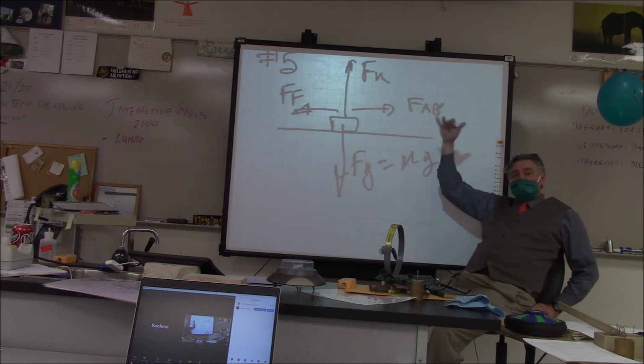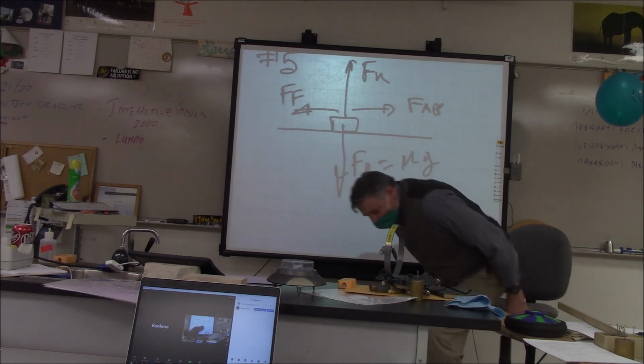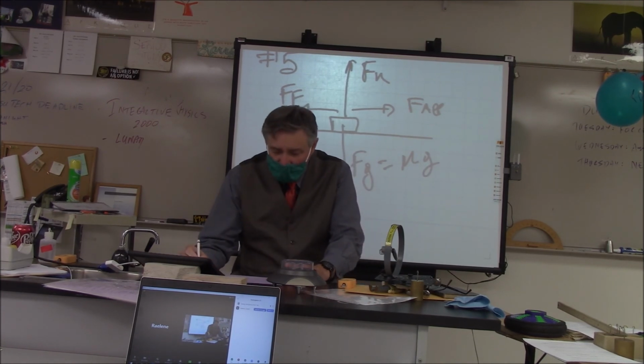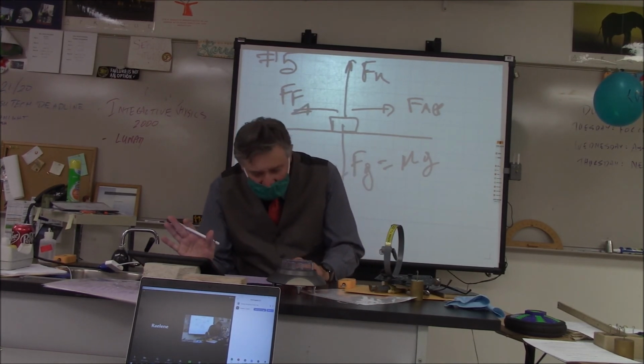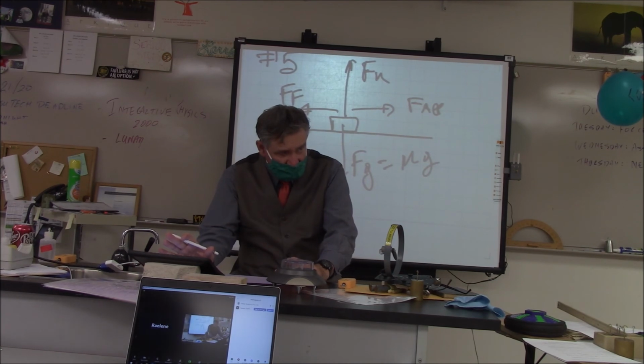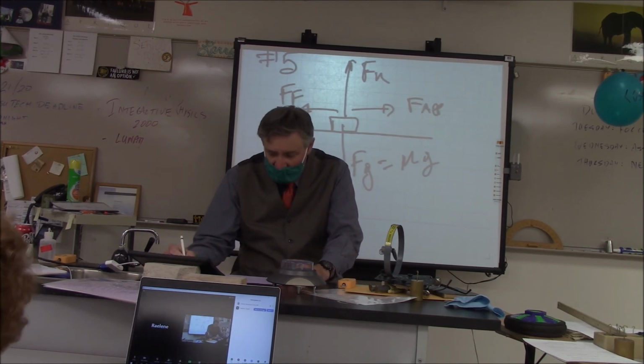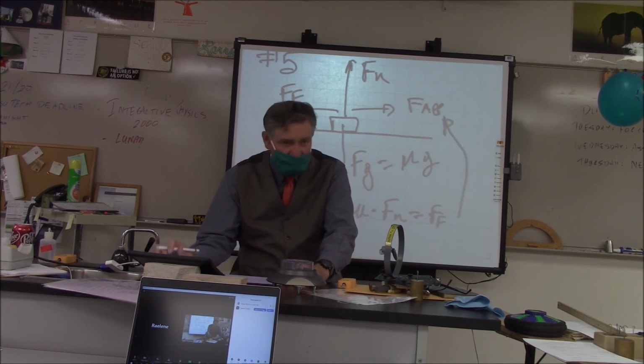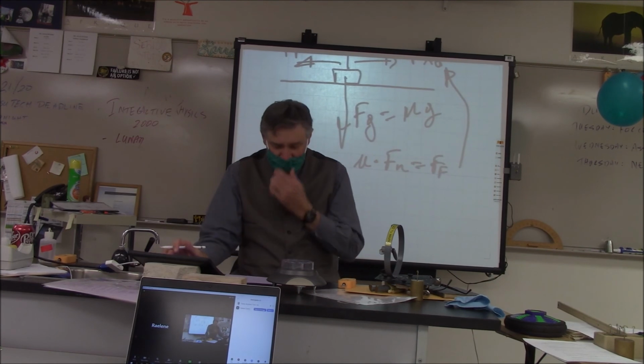Because mu equals force friction over force normal. So on 5A, you want to find the horizontal force that has to be applied. So on 5A, you want to take mu times force normal to get your force friction, which is the same as your force applied.